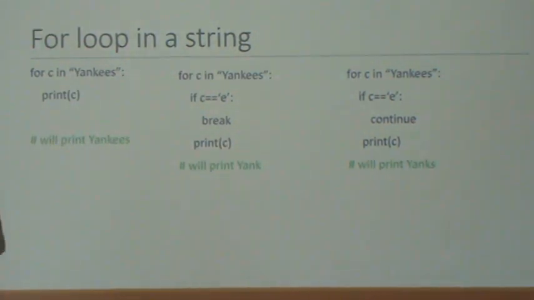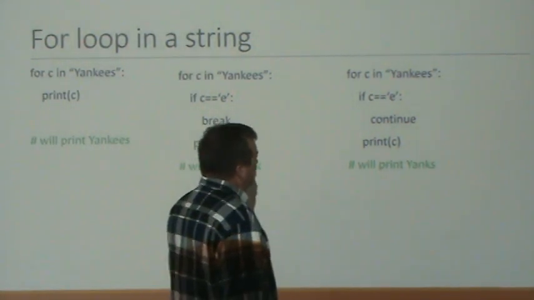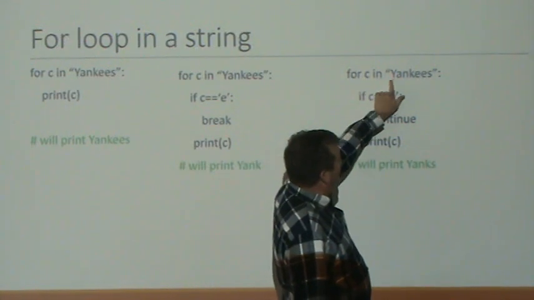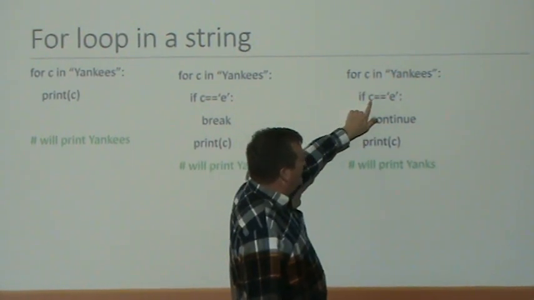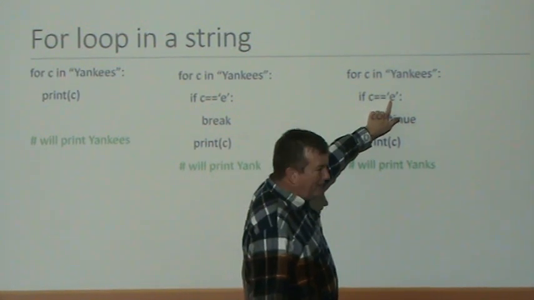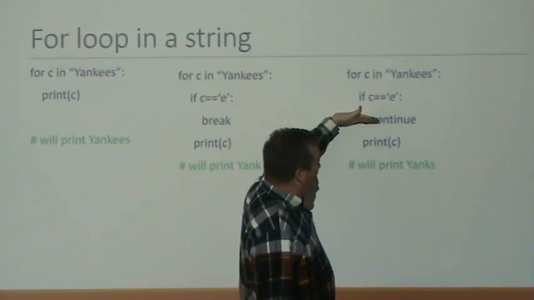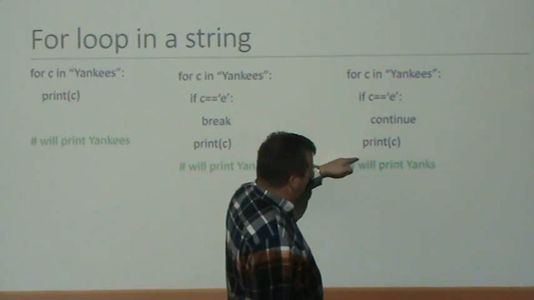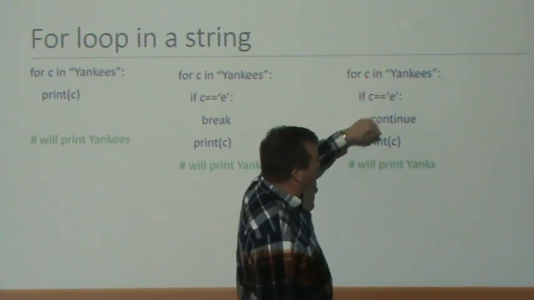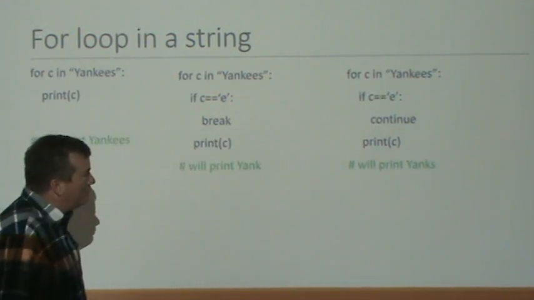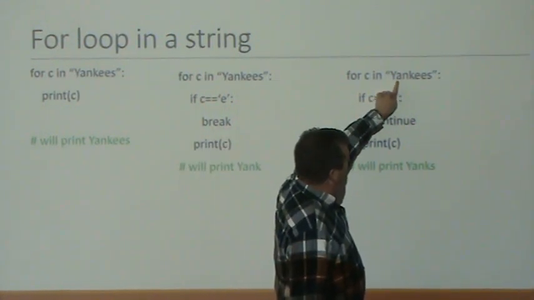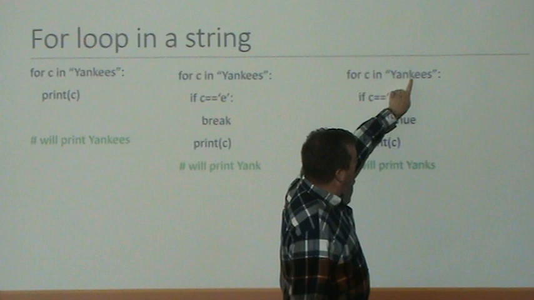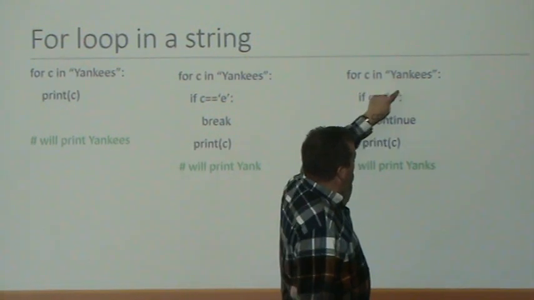All right. So anyway, we can have code that says for C in the string Yankees, if the character we're looking at is the letter E, then go to the bottom, jump around this print and go to the bottom of the loop and then come back up to the top. So this would print out Y, A, N, K. When it's equal to E, it won't print.